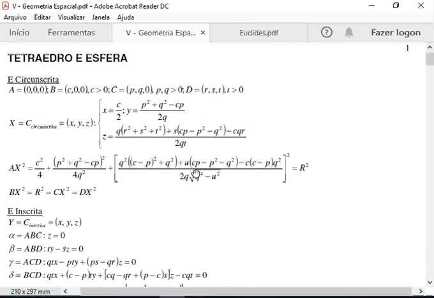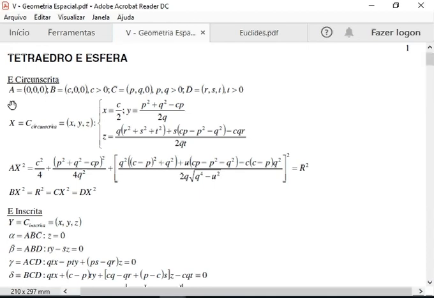Now we're going to the space. In the space we have a tetrahedron and a sphere. A polyhedron of 4 faces. It has a circumscribed sphere.